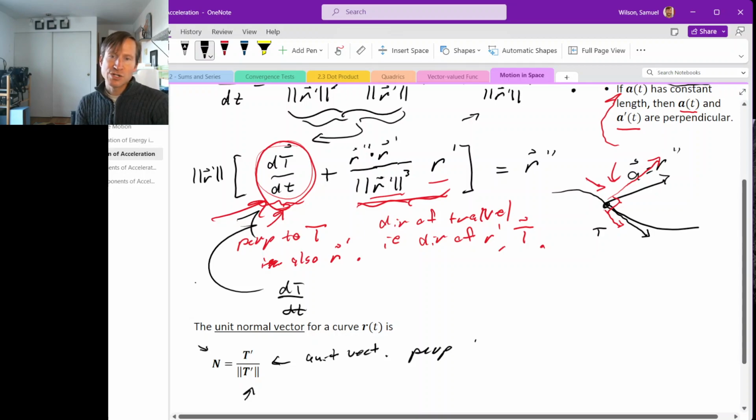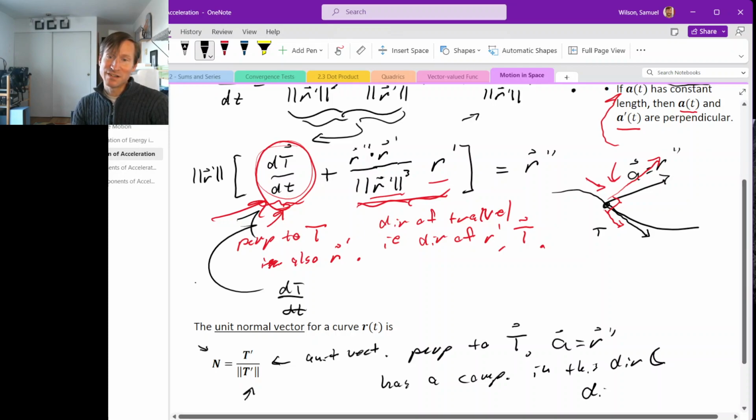perpendicular to our unit tangent vector, and the acceleration vector, which is r double prime, has a component in this direction and the direction of T, right?